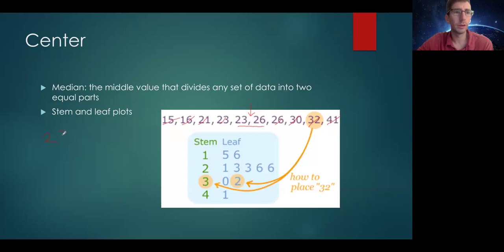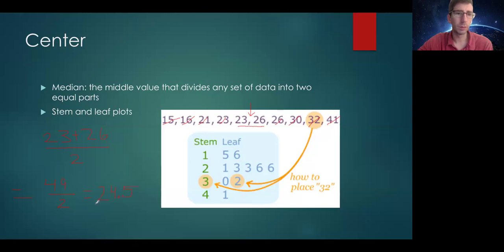So I'll add 23 plus 26, and I just divide it by the number of numbers I'm adding together, which is 2. So 49 divided by 2 is 24.5.